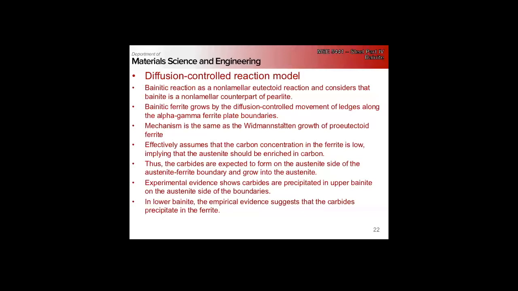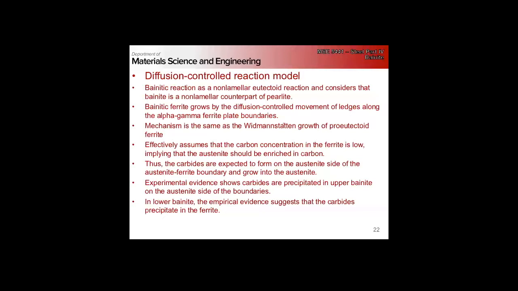And it basically assumes that the carbon has all diffused out into the austenite. If we have ferrite that's growing, we have carbon that's partitioning, right?